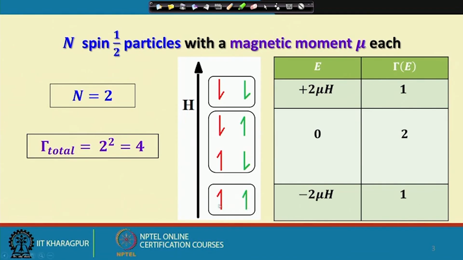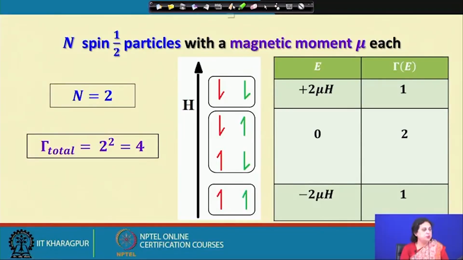Therefore, since both the spins are aligned parallel to the direction of the field, the total energy of the system permitted by the solution of the Schrodinger equation is minus 2 mu h. Now, the question is, when the energy of the total system comprised of these two spins is minus 2 mu h, then how many such microscopic states are possible? As you see, there is only one such microscopic state possible.